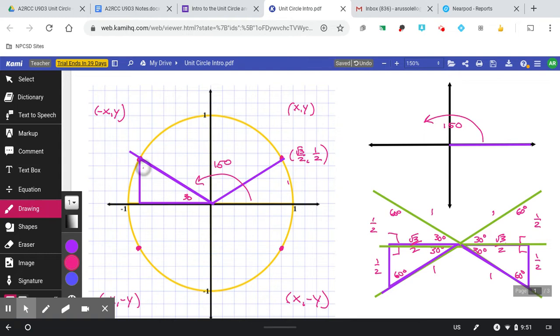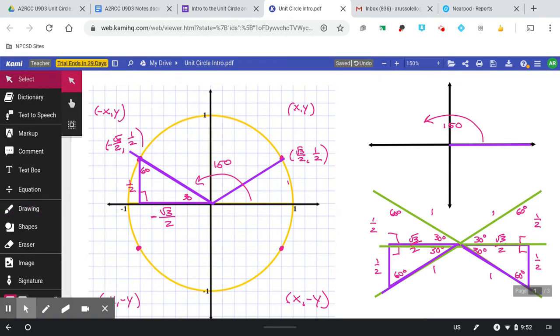Now we have a 30, 60, 90 again. Across from the 30 degrees is 1/2, and across from the 60 degrees is radical 3 over 2. However, when we put our coordinate up here, we have to remember that we went negative, so it's really negative radical 3 over 2, and then up 1/2. Notice it's going to be the same.